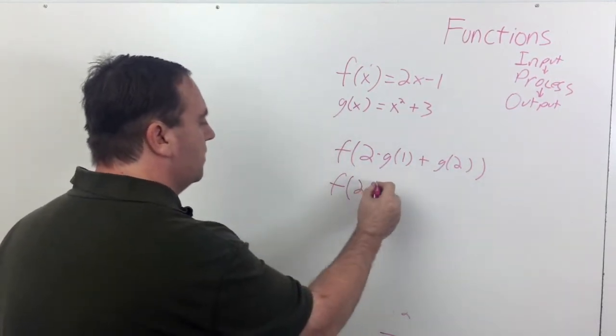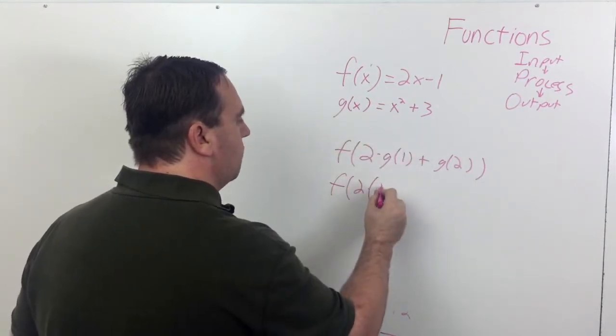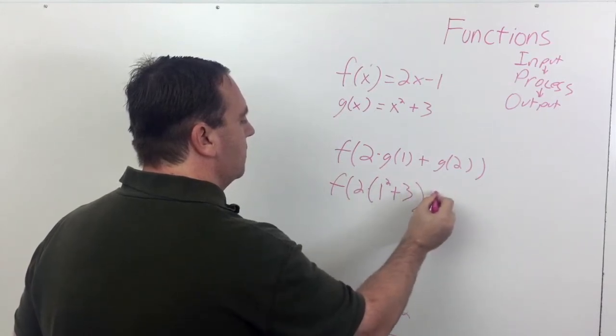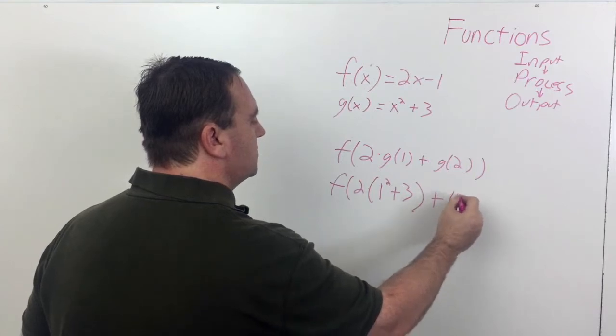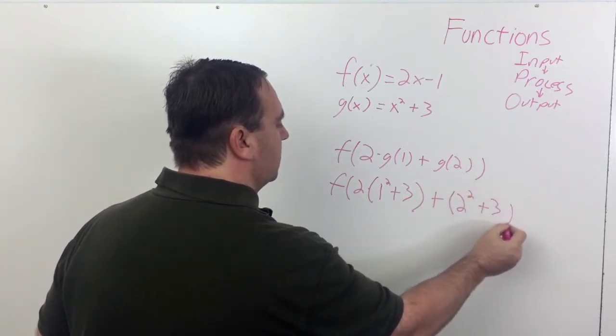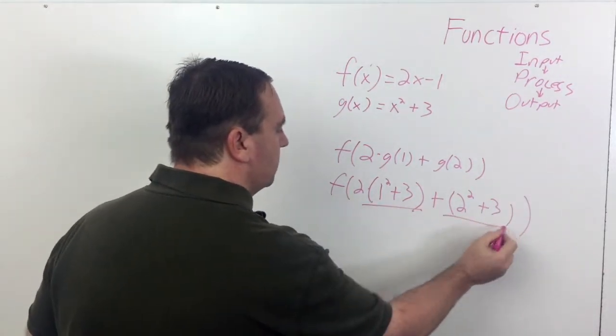Well, g of 1 is, put 1 in for x, and we get 1 squared plus 3, plus g of 2, that's going to give us 2 squared plus 3. So we just have this machine happening twice.